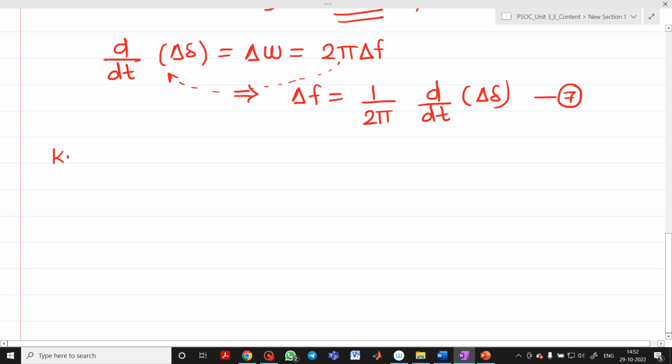So let us see the kinetic energy stored in the machine, which in unit number 1 we have already seen this formula.